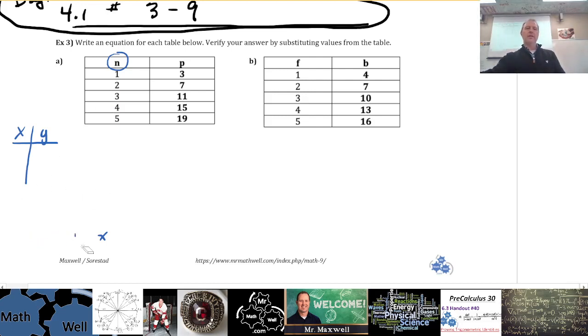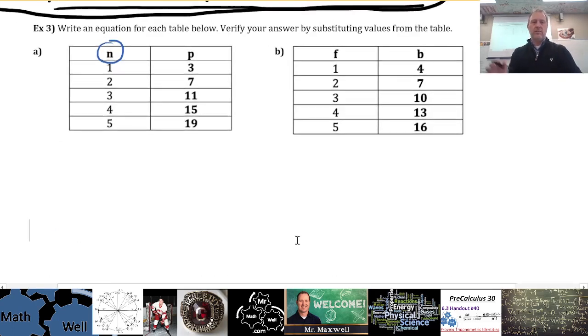And if the independent variable goes up by 1 each time, I'll just zoom in just a bit here. So if this goes up plus 1 each time, this makes it really easy to find part of our equation. I know it doesn't have to do that, but if it does, then all you need to look at is by how much this dependent variable goes up.